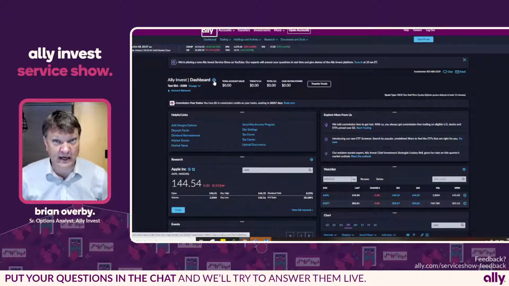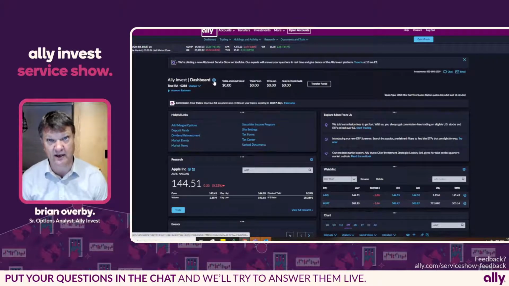Now, you can trade options inside an IRA account if you've been approved, but only on positions where you have limited and known risk. So you can do a little less speculative option trades and strategies within an IRA account, but you cannot trade on margin.